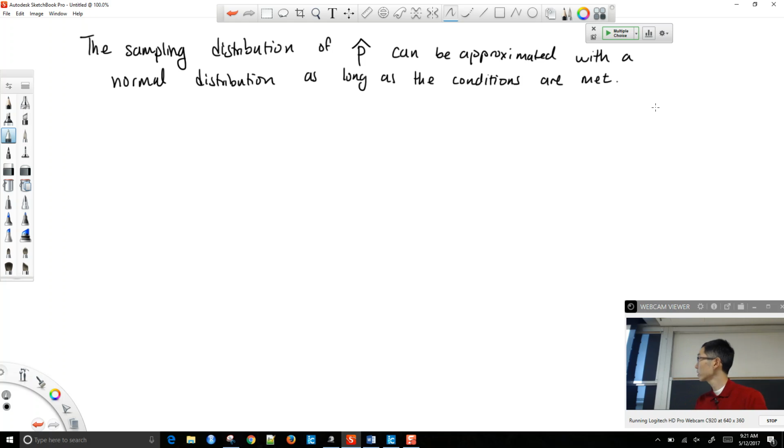As long as those conditions that we've asked questions about are met, the sampling distribution of p hat can be approximated with a normal distribution.